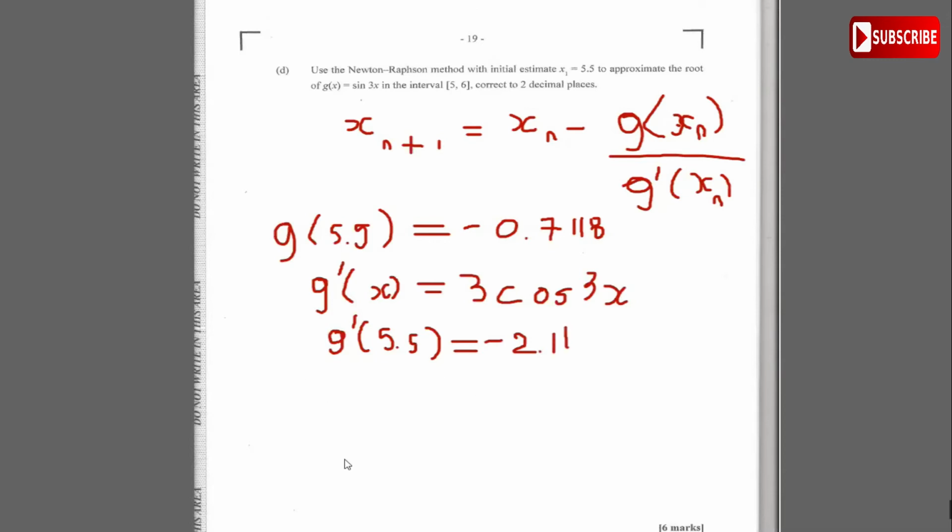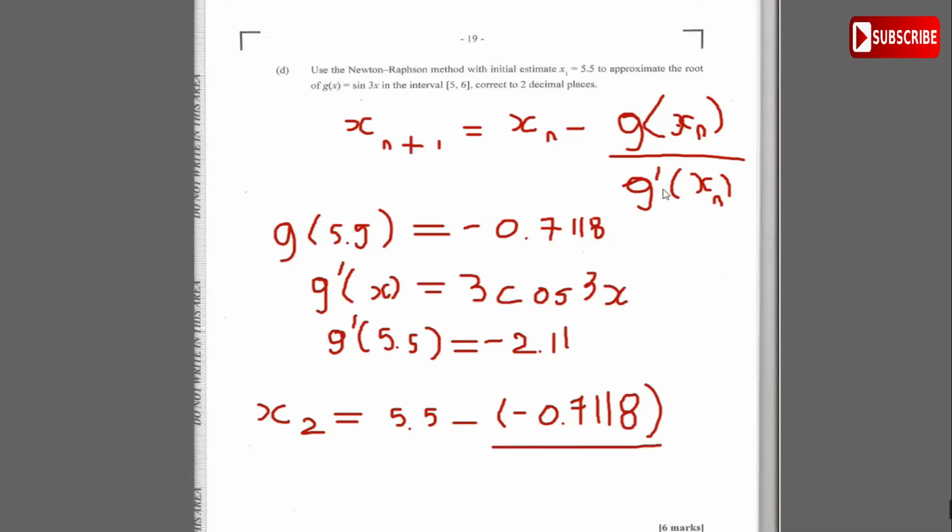And so what does that mean for us? That means that the approximated root, let's call it x2, is equal to x1, which is 5.5, minus, using the formula, g of xn, which is negative 0.7118, and all of this is being divided by g prime of xn, which is negative 2.11.